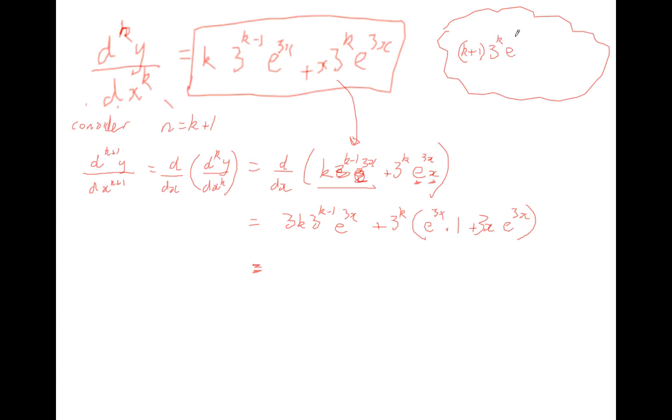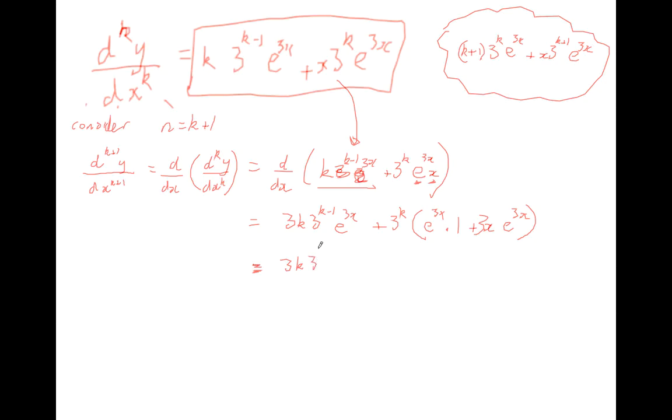That'll be e to the 3x plus x, 3 to the k plus 1, e to the 3x. So that's what we're heading towards. So we've just got to try and manipulate it to get to that particular stage as we see it. So let's just keep going.